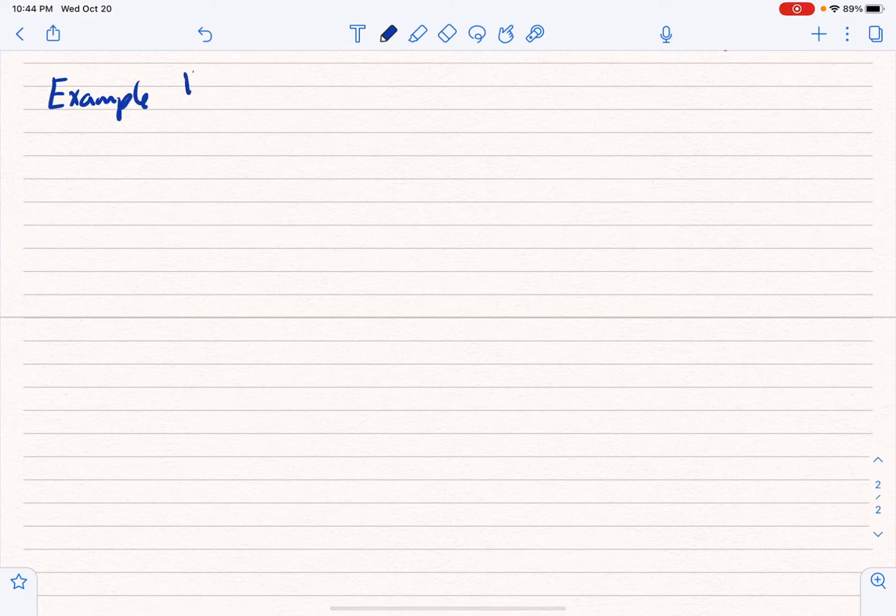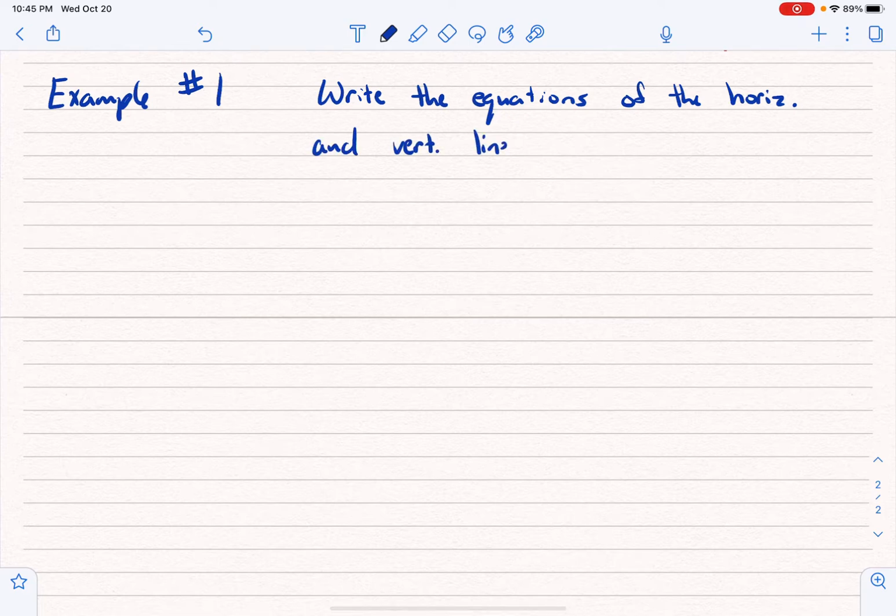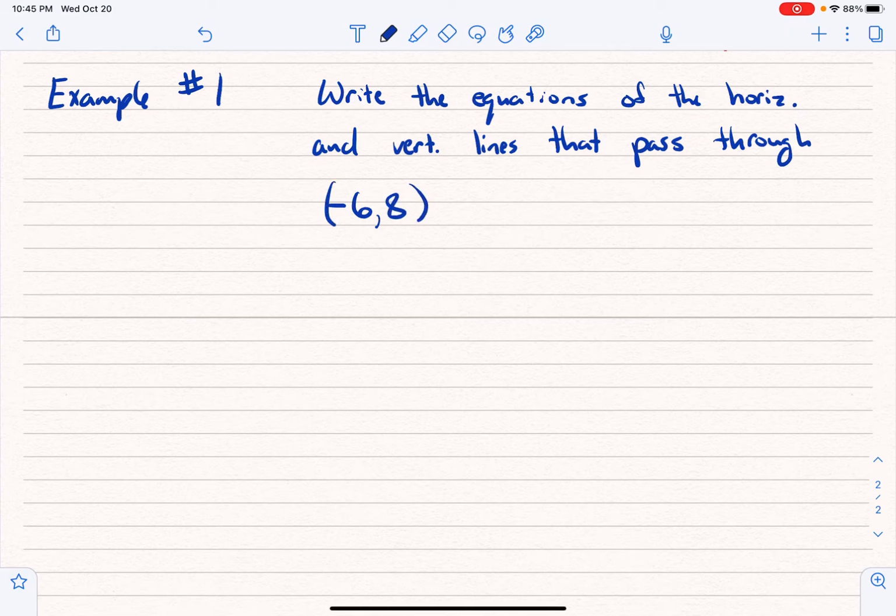Example number 1. Okay, ready? I want you to write the equations, plural, of the horizontal and vertical lines that pass through the point -6, 8.